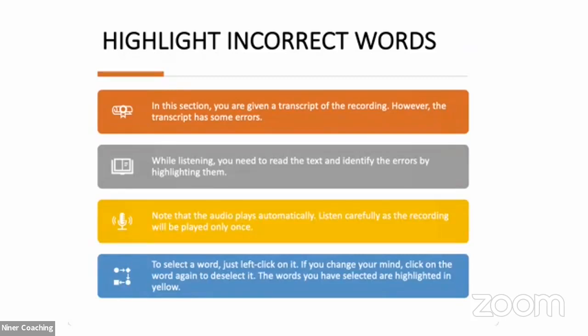Now, this one is a rather difficult question type. It's called highlight incorrect words. Very similar to fill in the blanks in that the entire transcript of the recorded script will be found on your computer screen. All you need to do is follow through the recording, and you have to be an effective fault finder. Are you a fault finder? If you are, this is the perfect exam for you, because you have to highlight or click the words that are wrong.